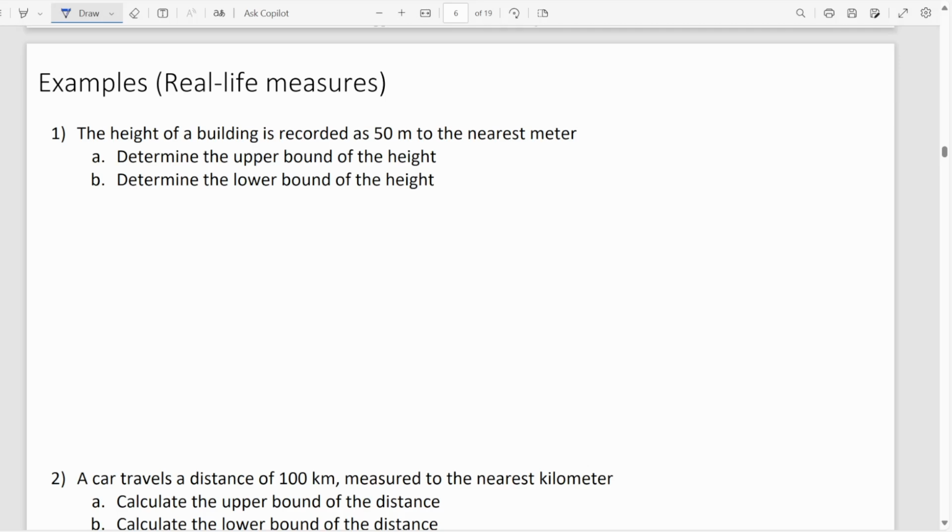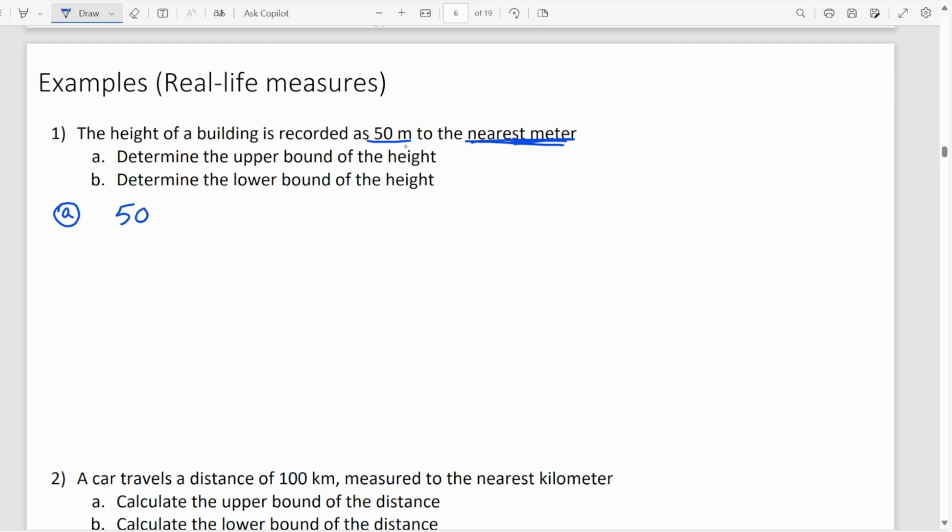Okay, so let's see. The height of a building is recorded as 50 meters to the nearest meter. A: determine the upper bound of the height, and B wants you to determine the lower bound of the height. So we know that the height of the building is 50 meters, and this was to the nearest meter.